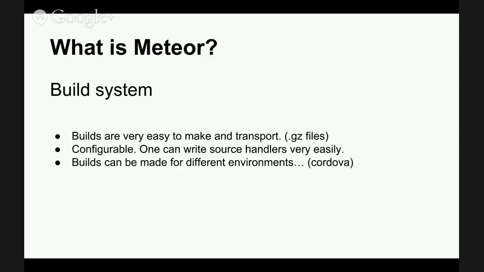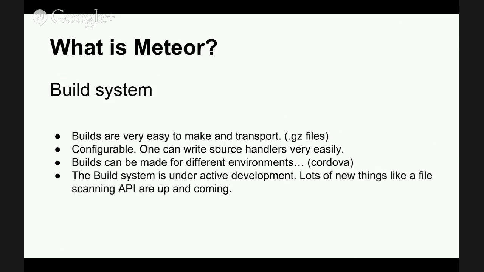You could write a build version for the Roku and for PhoneGap and for the desktop browser, and you could use one command to build each one of those for those specific environments, with files organized and code deployed to each collection of code just for that environment. And right now, built into Meteor Core, it supports Cordova, the PhoneGap stuff, and the desktop browser, although more environments are going to be supported soon.